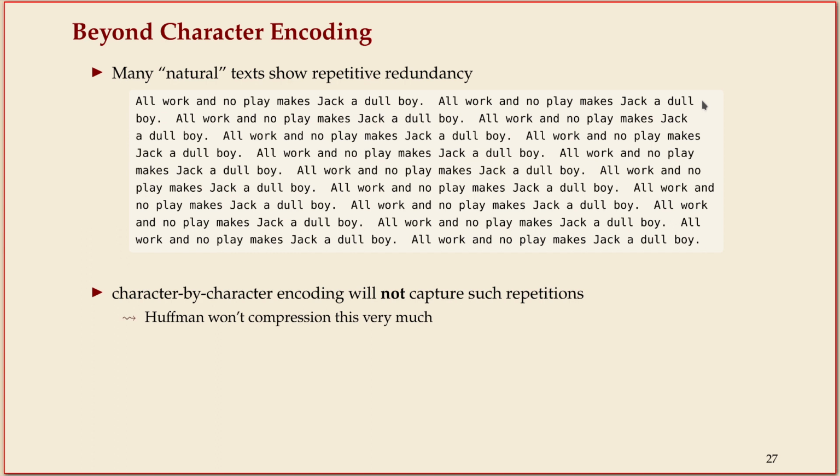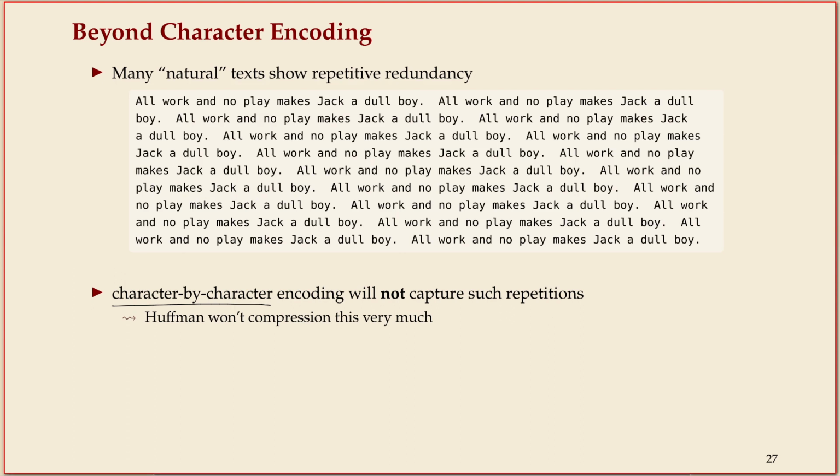And that feels a bit wasteful. So anything that works character by character and looks only at how frequent specific characters are will not be able to capture such repetitions.